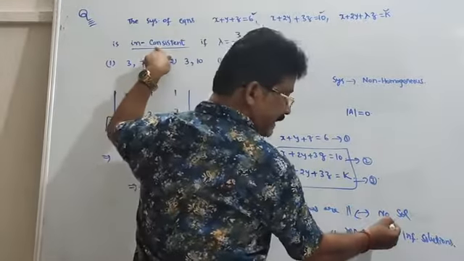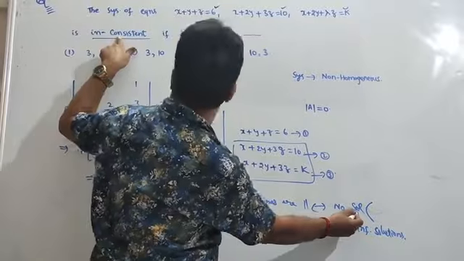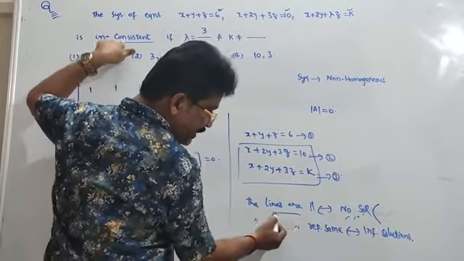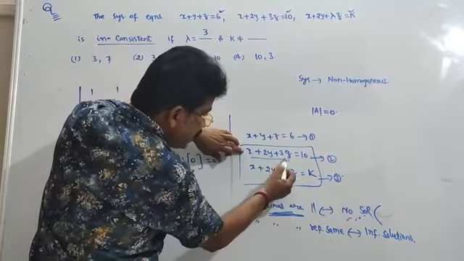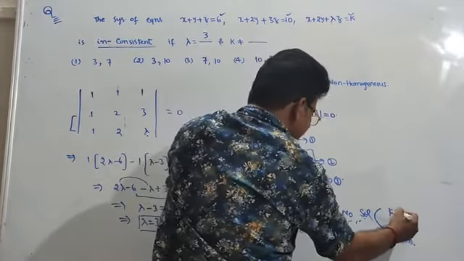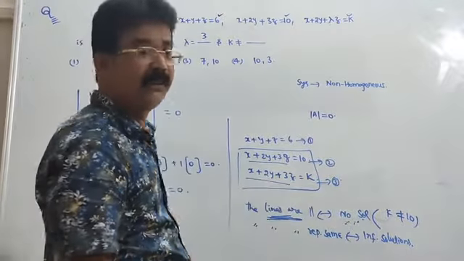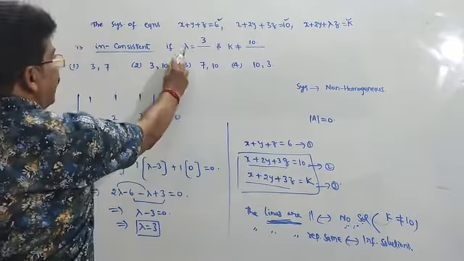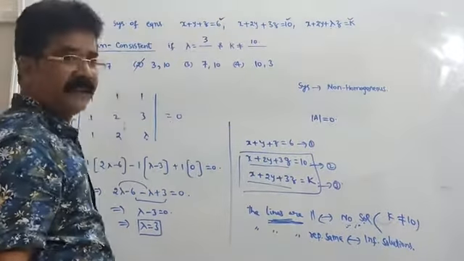Inconsistent means no solution. The system has no solution. No solution means the lines must be parallel, so these two lines must be parallel. Then definitely k should not be equal to 10. So lambda equal to 3, k not equal to 10. It is the second option.